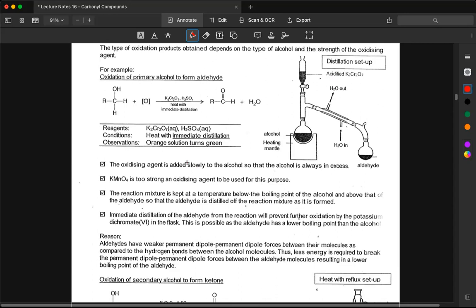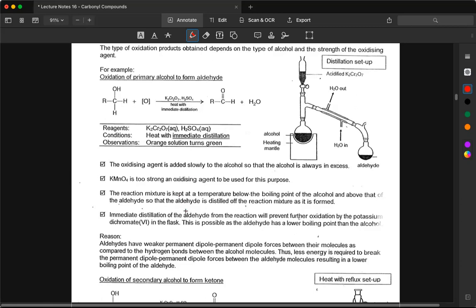We try not to use KMnO4 in the oxidation of the primary alcohol if we want to form aldehyde, unless we want to form carboxylic acid. If not, then we cannot use KMnO4. It will cause the reaction to proceed all the way to formation of the carboxylic acid.